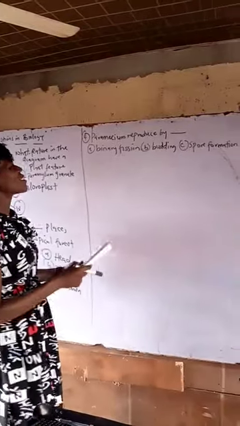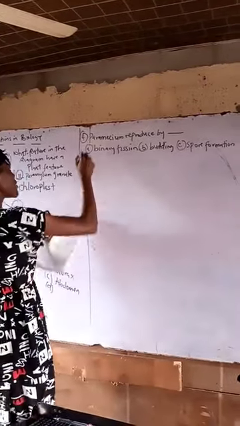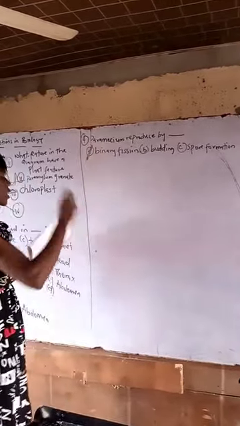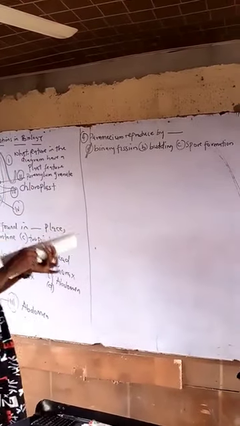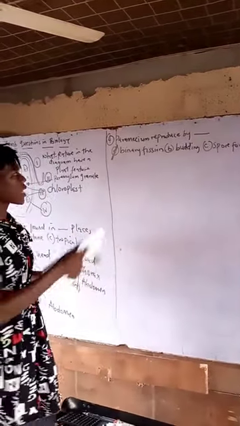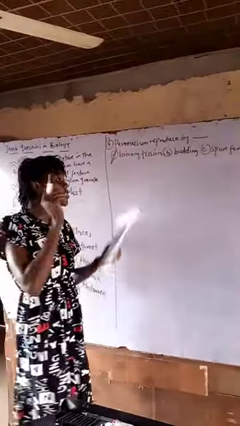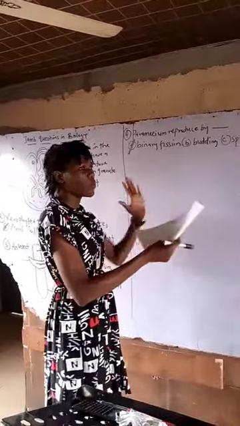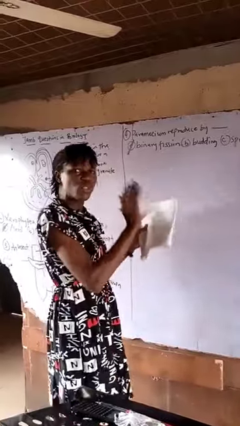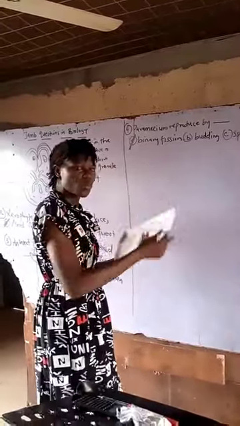Please take note. The answer is binary fission. In binary fission, the parent cell divides into 2 daughter cells. So paramecium reproduces by binary fission. This is a question that came out in JAMB. I'm just being open and plain to you, and that's why I have my book here, so that I give it to you the way the person explained and how it was written.